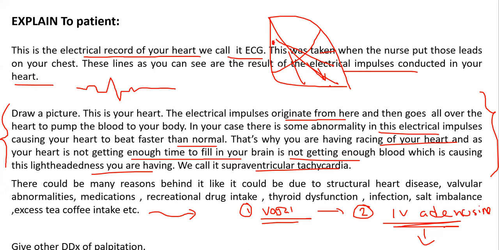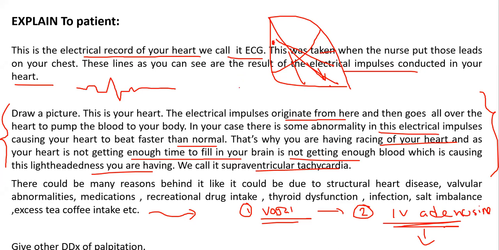So you will say most likely it is atrial fibrillation, and in the ECG, or you can say, remember when the nurse put those leads on your chest, they recorded the electrical activity in your heart, which is what we call ECG or electrocardiogram.